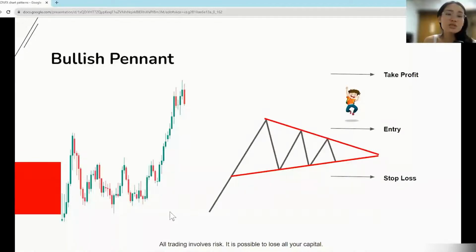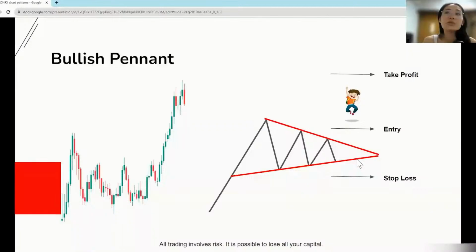Once again, from all of these shapes, we are basically connecting the swing highs with the other swing highs to form a line, and then we see where those lines connect. Sorry about that. So we connect the lines here, and then we connect the bottom lines as well, and then it should give you this flag kind of shape.